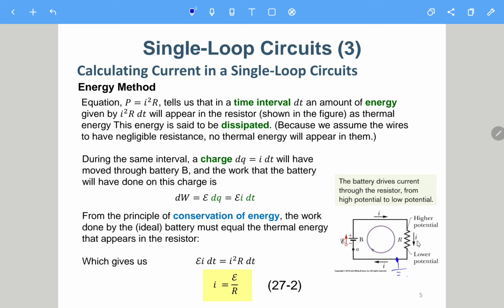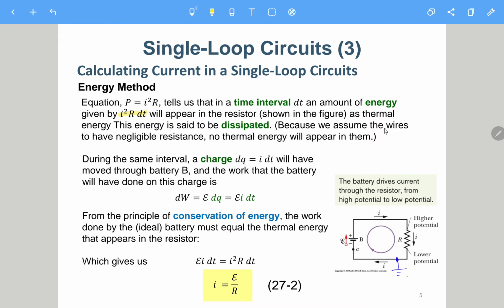This resistor consumes this energy, because P is the power. Power times the time fragment is the energy dissipated in a small time interval, which appears in the resistor as thermal energy. This energy is said to be dissipated, which means consumed by this resistor.